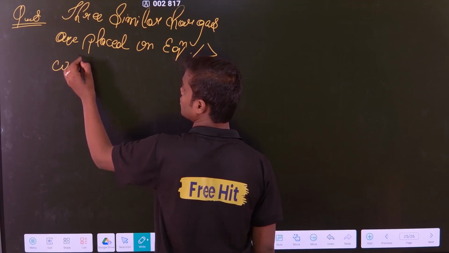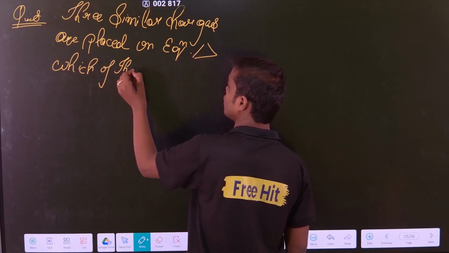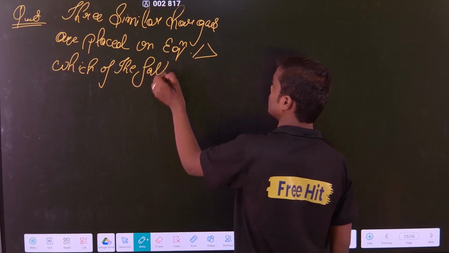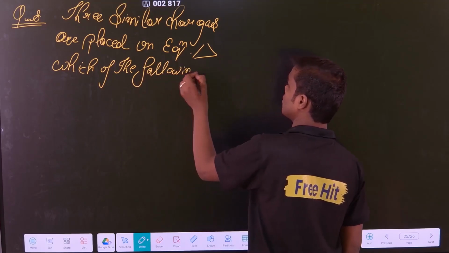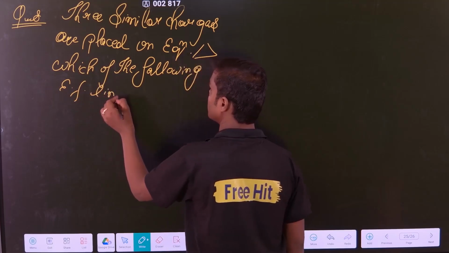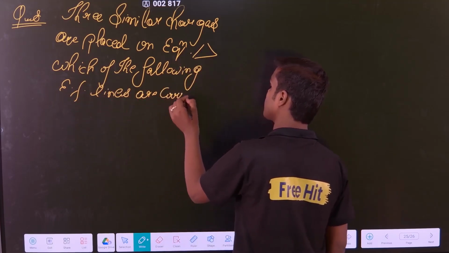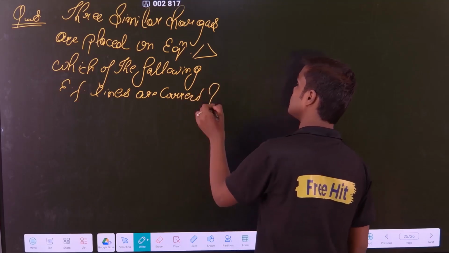Then which of the following electric field lines are correct? You have to choose which of the electric field lines are correct.